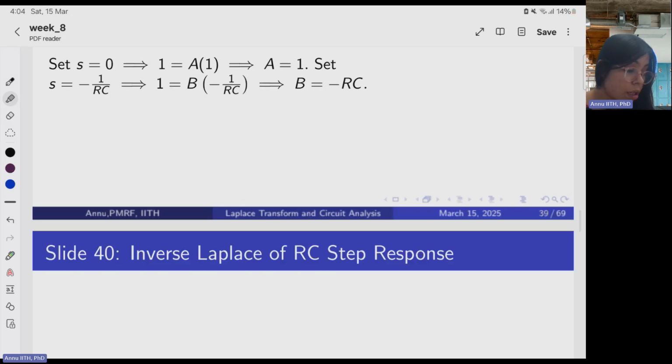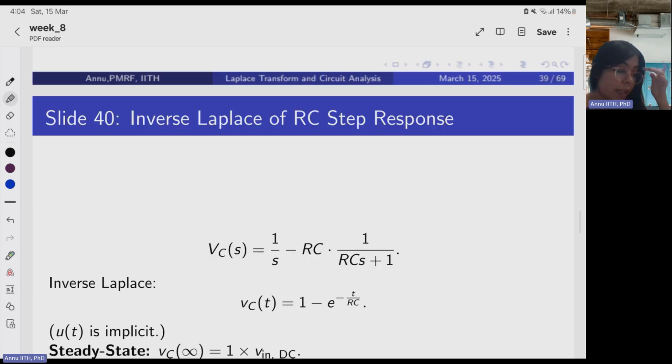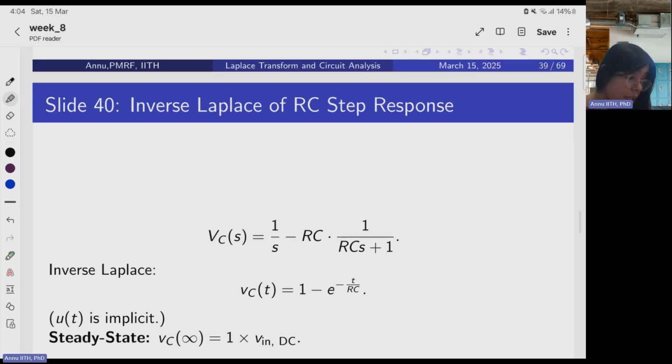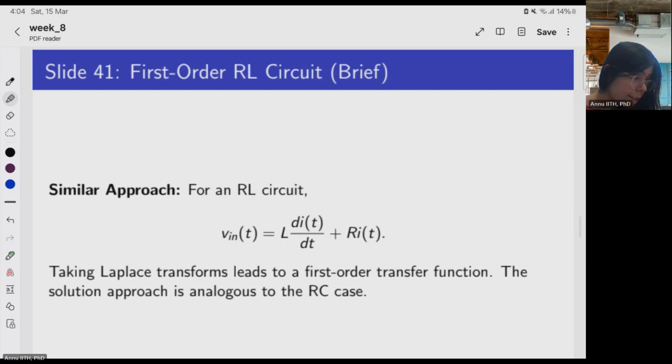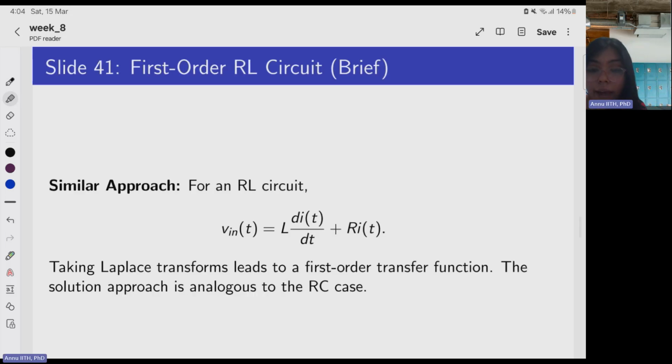Okay. So finally, VC of t is equal to 1 minus e power minus t by RC, where the steady state response is simply 1 times V input DC. Similarly, for RL, I want you to solve for the RL part, the resistive and inductive circuit. Just give me the closed form equation for that.